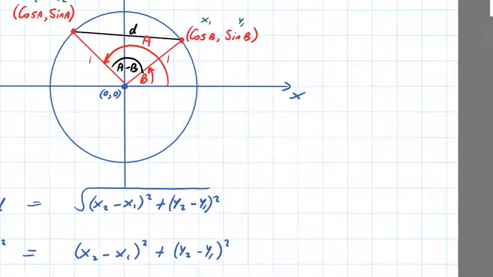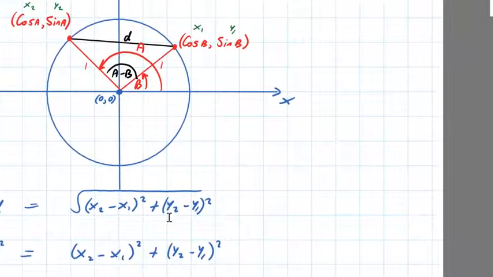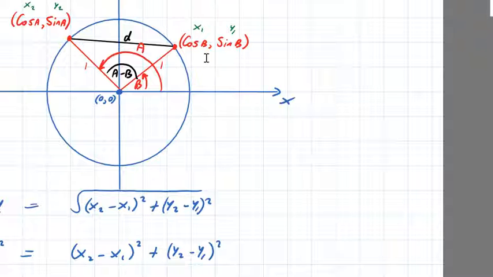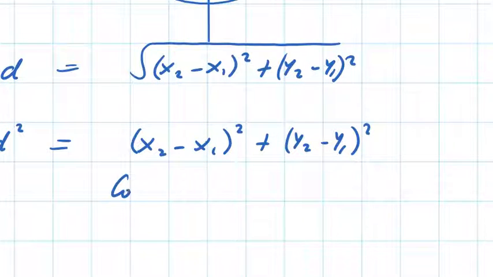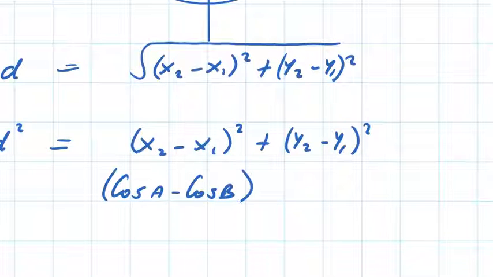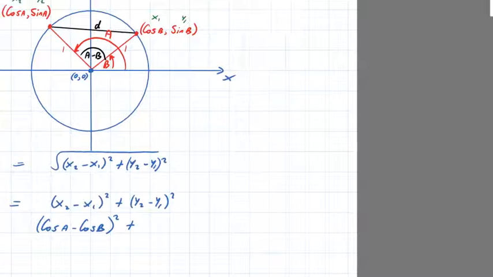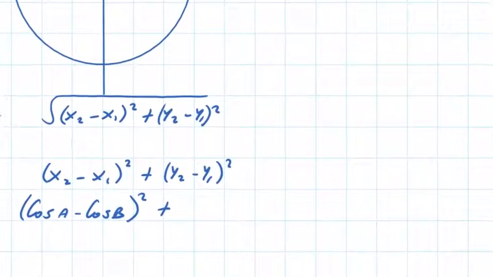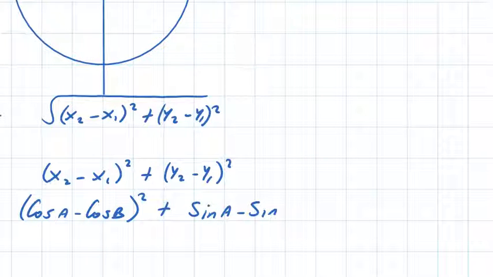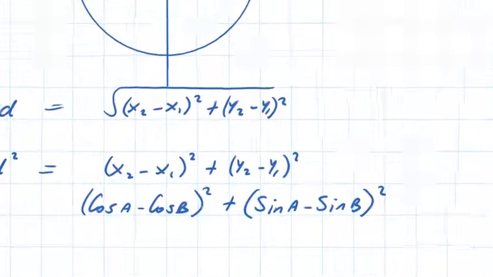And now fill in those two. So x2 minus x1 is cos A minus cos B, as you can see here. So that's cos A minus cos B squared. And the same for the y's, it's sine A minus sine B, and that's squared as well. So there's your d squared.